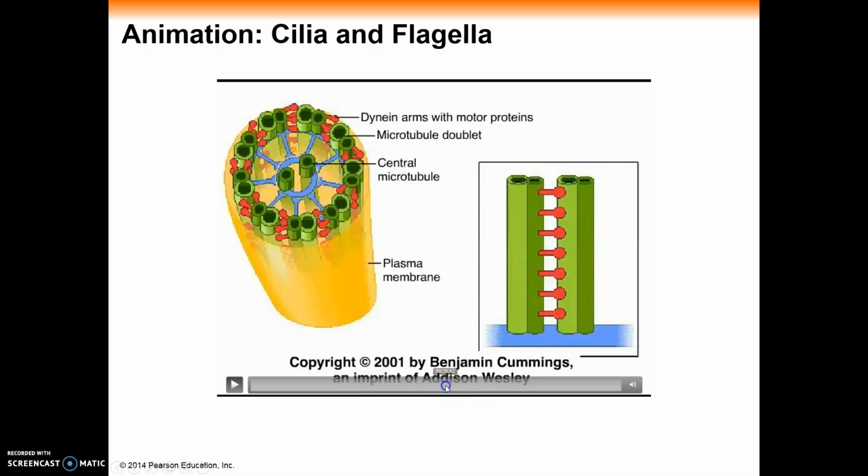I'm going to start it halfway through to get to the punchline, but here we have a couple of microtubule doublets, and here we have dynein in between, and one end of it can walk against the other. I'll give you a more precise example of it in a few minutes. But notice that as they start to walk along, it causes the tubes to start bending against each other.